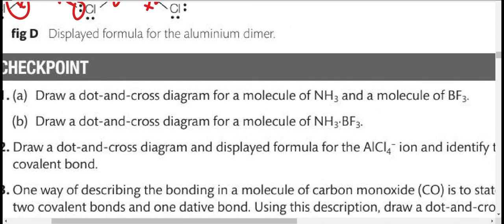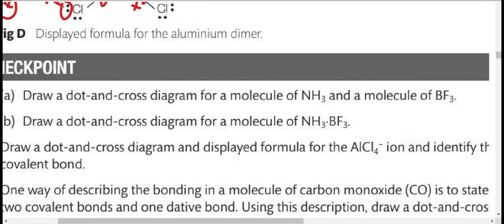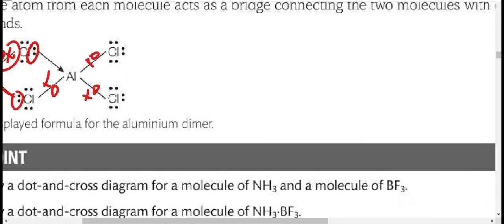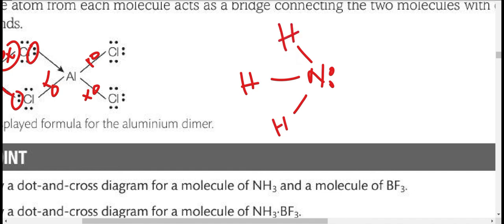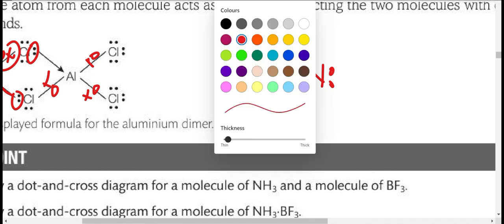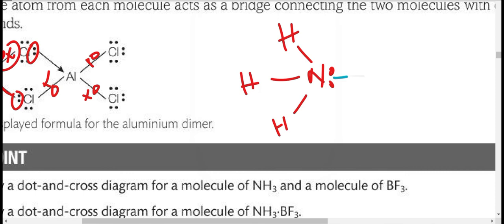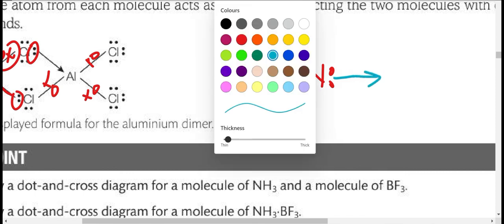Okay, dot and cross of BH3, BF3 and NH3. This structure we need to work on, and let us see NH3 and BF3. So this is nitrogen with 2 dots on it. This is ammonia actually. Now we'll show the dative covalent bond with another color. Let me choose the color. Okay, so the dative covalent bond, and then the other one, which is boron.